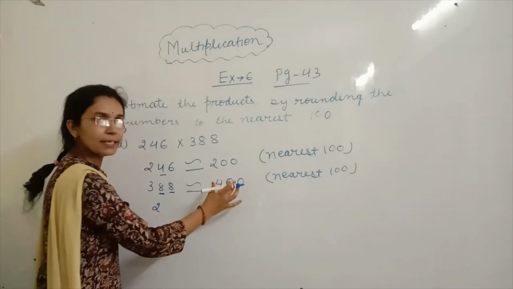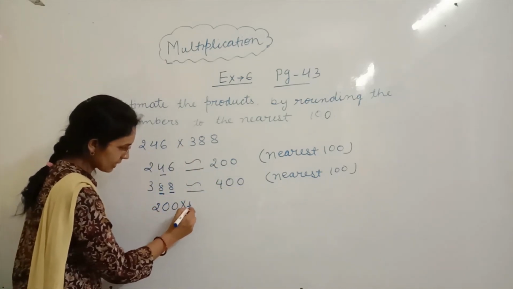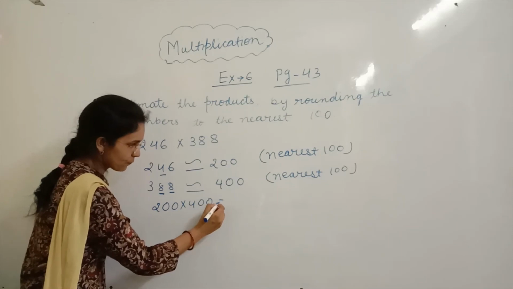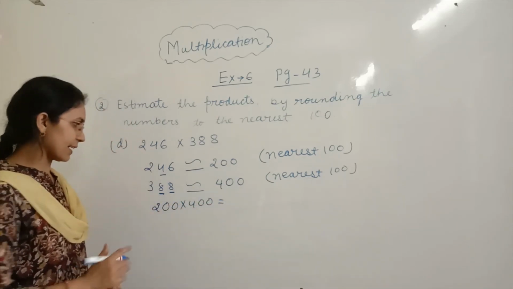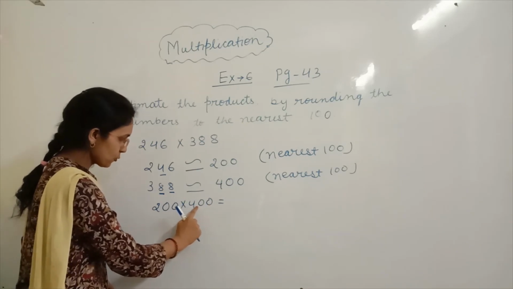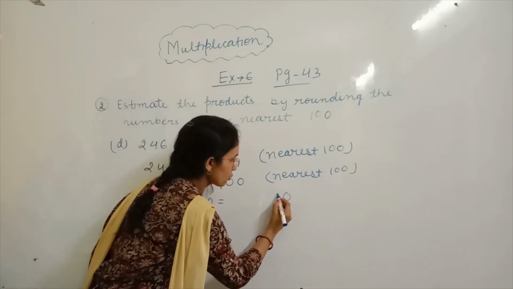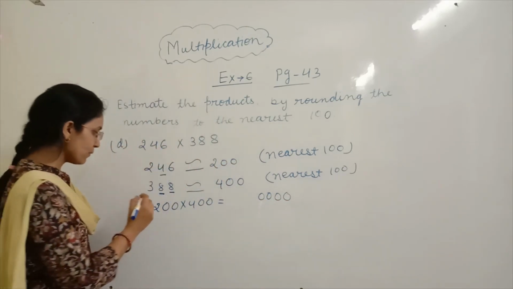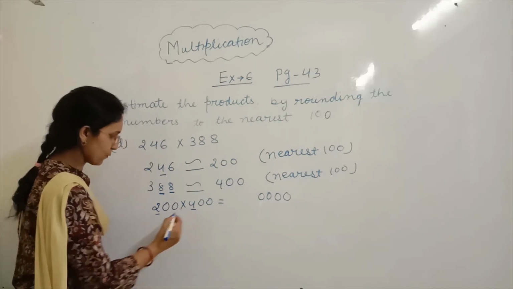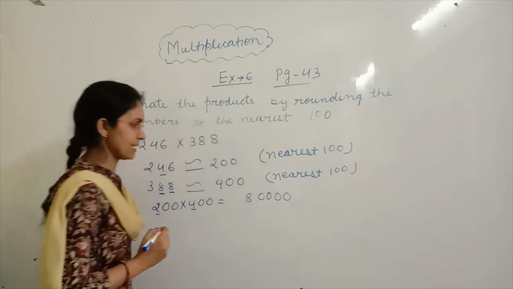Now children, 200 and 400. So I will write down here 200 and 400. Now first of all count how many zeros are there. 1, 2, 3, 4. We'll write down all the zeros over here. And then we'll multiply 2 and 4. 2 multiplied by 4 will be 8.